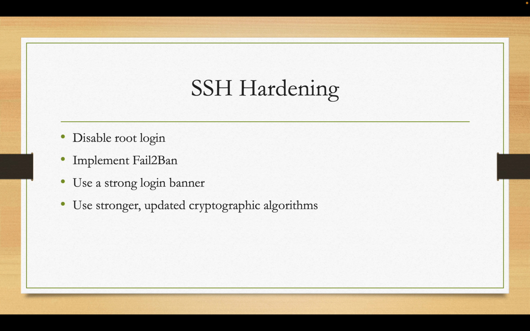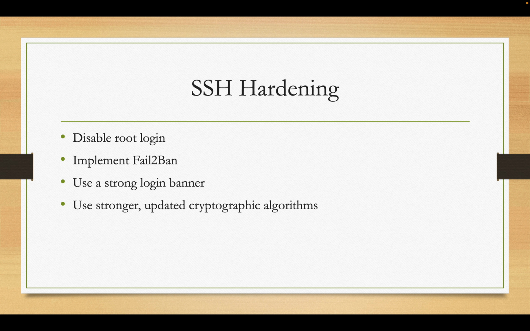Using a strong login banner. An attacker will usually scan an SSH server to look for its version and operating system details. So if Secure Shell is giving away those details, then attackers can exploit known vulnerabilities for that version of the operating system that you are running.